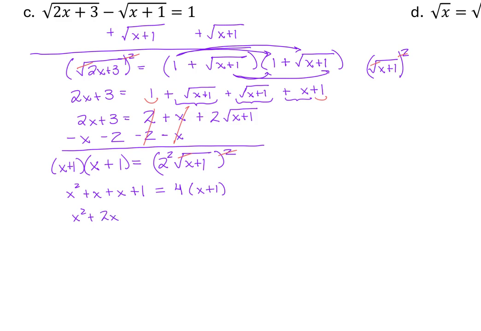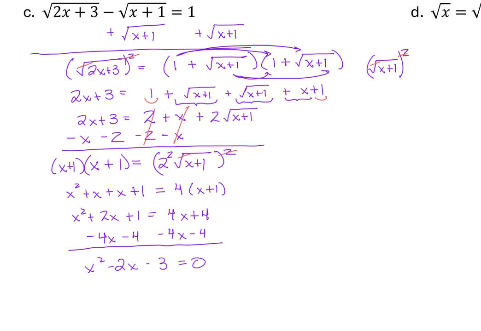On the left side, we get plus 2x plus 1. On the right side, I can distribute, and we get 4x plus 4. And then we do have a quadratic equation, so we want to get everything on one side. So I'm going to move everything to the left. And if we do that, we get x squared minus 2x minus 3 equals 0.